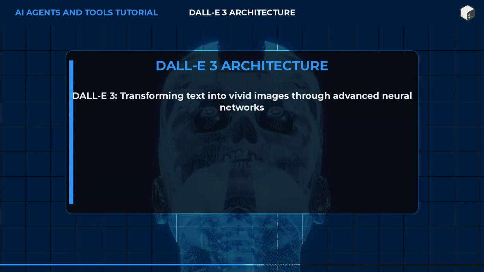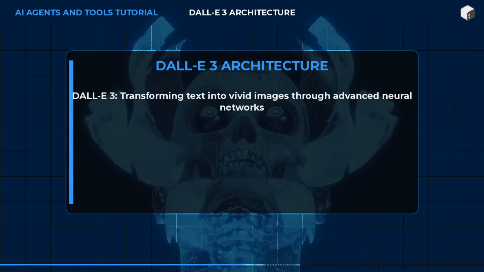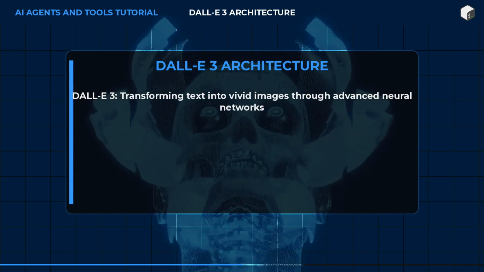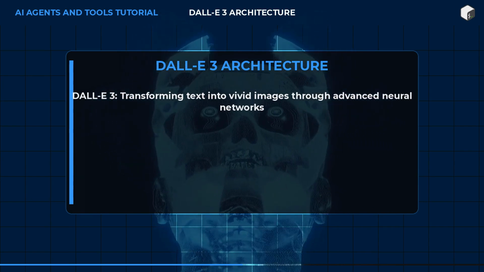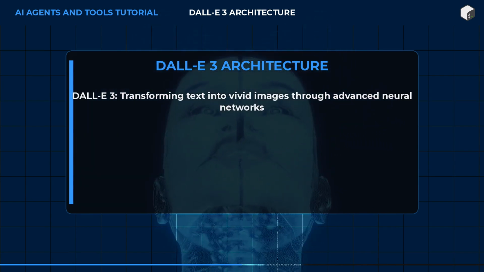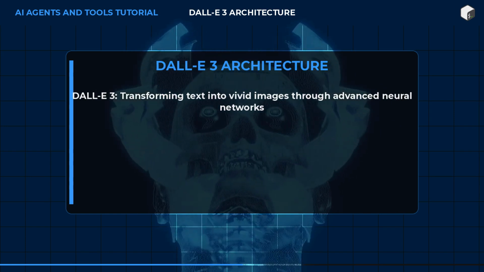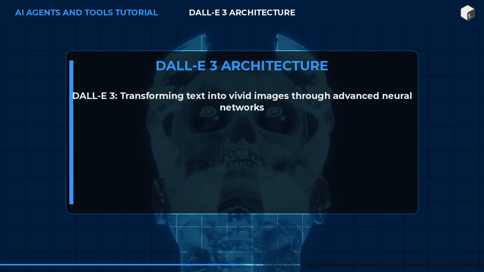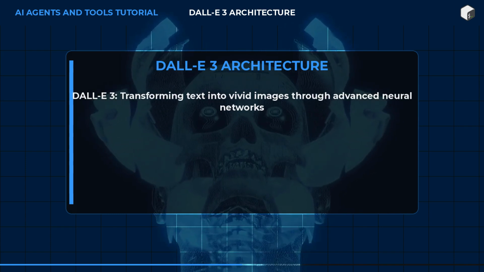Building on the limitations of traditional methods, DALL-E 3 employs an advanced neural network architecture designed to interpret text prompts into detailed visual outputs. At its core, DALL-E 3 uses a transformer-based model to understand the intricacies of language. The architecture progresses through stages, starting with text encoding where the input prompt is broken down and analyzed in linguistic terms.